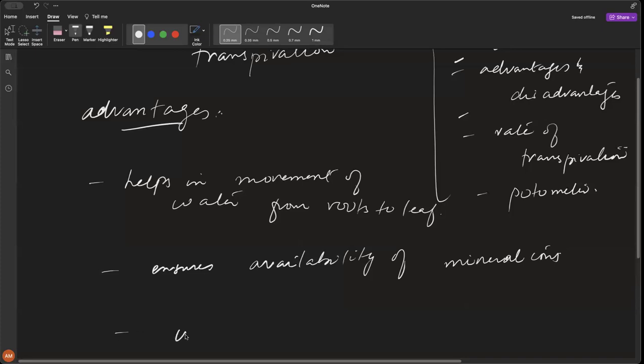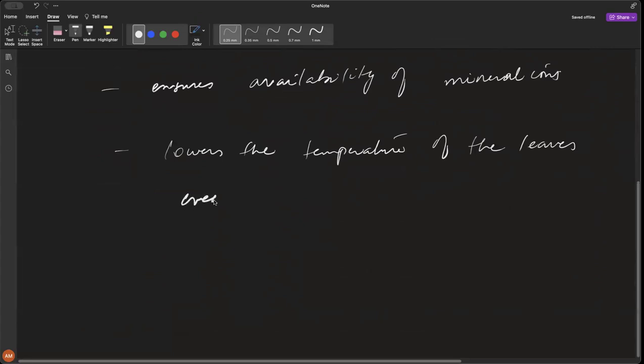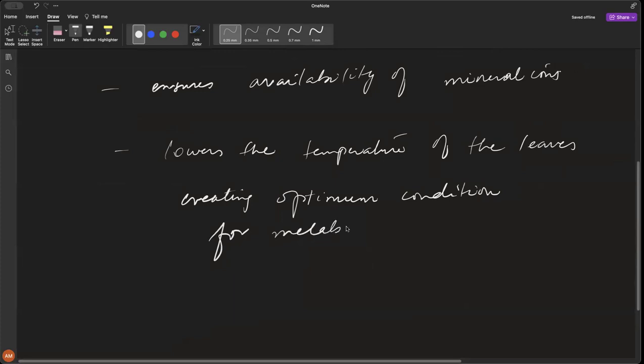It also lowers the temperature of the leaves, creating optimum conditions for metabolic activity like enzymes, right?